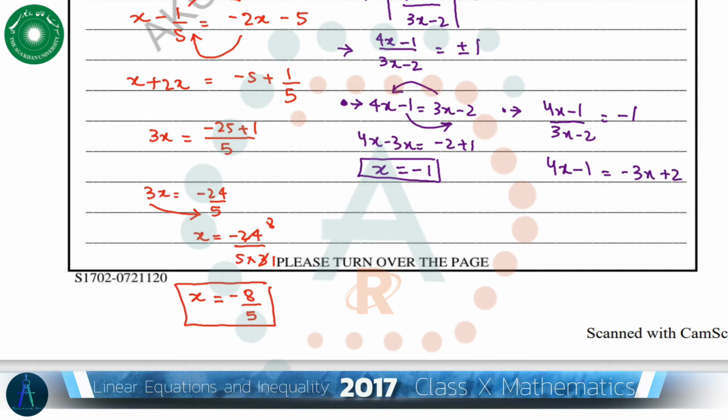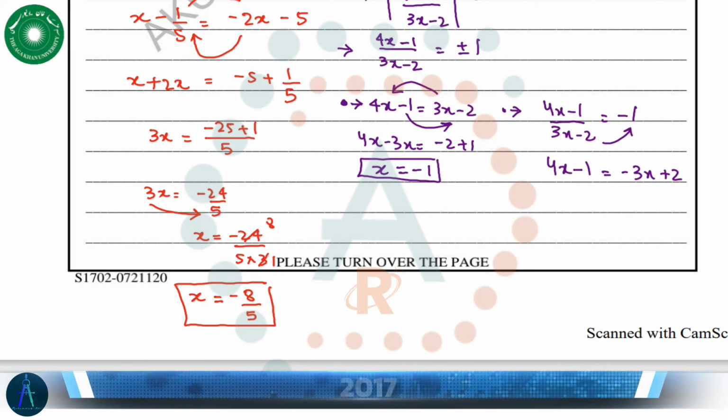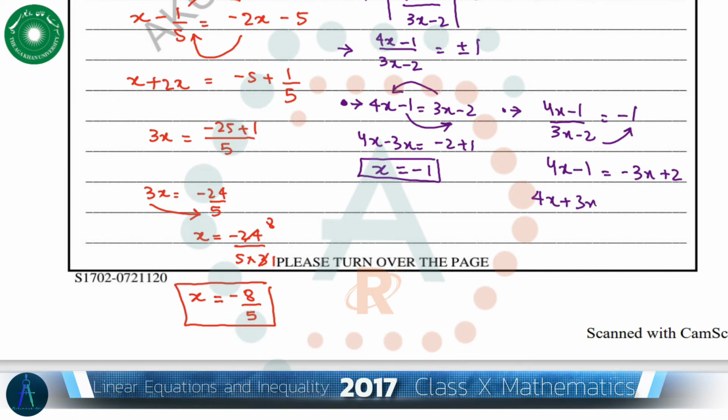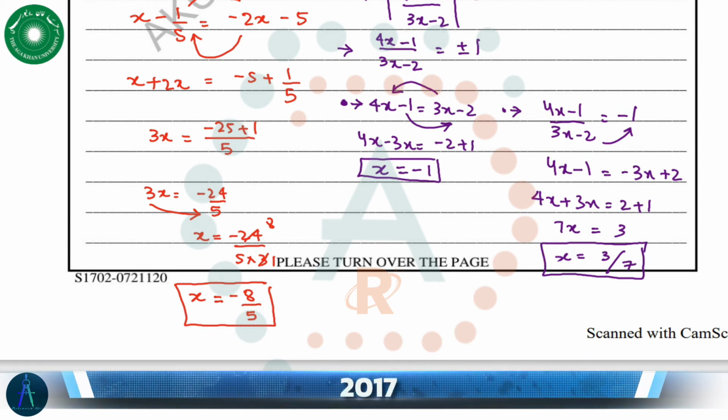We multiplied the denominator with the other side. Then shifting the terms, 4x plus 3x will be equals to 2 plus 1, 7x is equal to 3 and x is equal to 3/7. So we have got our solution of this modulus equation: once x is minus 1 and the other is x equals 3/7.